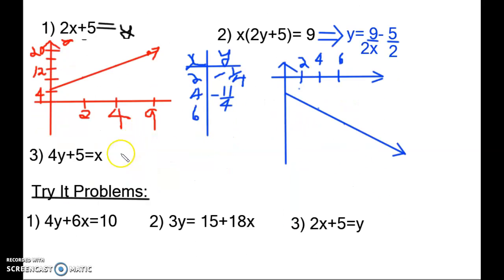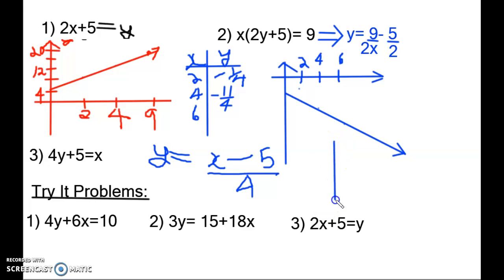Now let's go on to number 3. Number 3 says, okay, so this would be pretty easy because they already expanded it for us. So you'd get y equals x over 4 minus 5 halves. You can go ahead and draw the graph if you want.